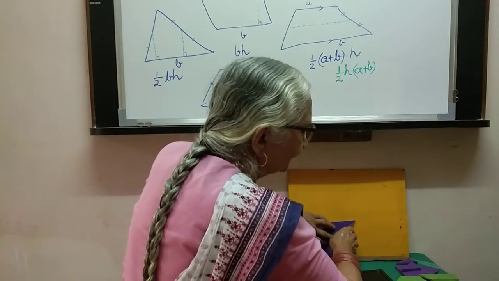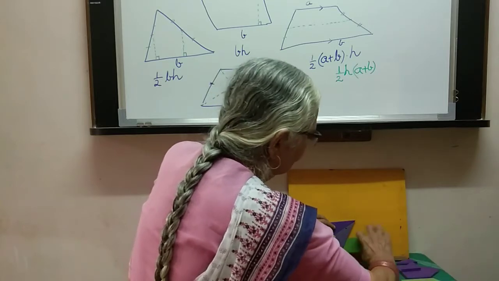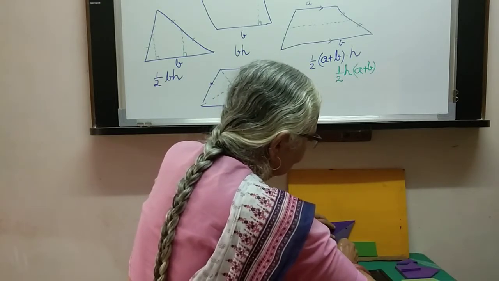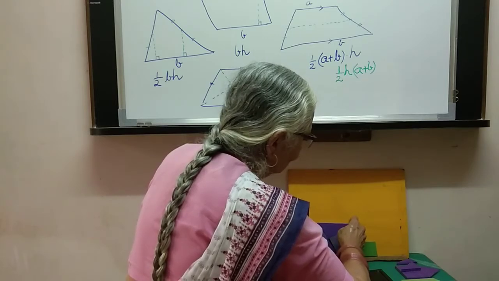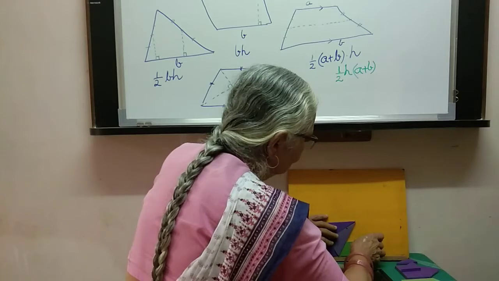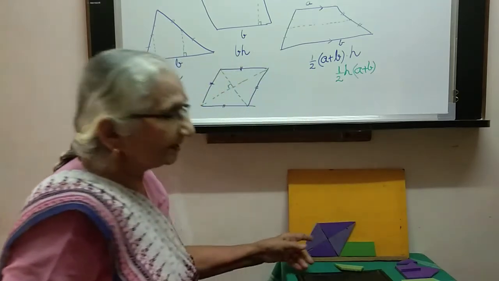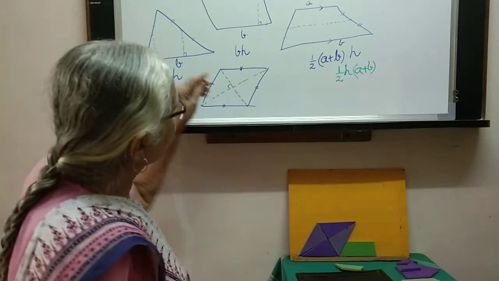And it won't stay up straight, so I'll put this little piece here for support. The green part is not a part of the parallelogram, it is only for support. So here is the parallelogram, or rather rhombus. You can see it is just like this.